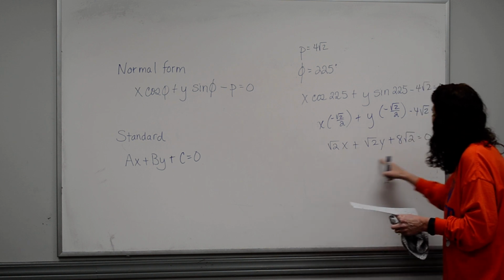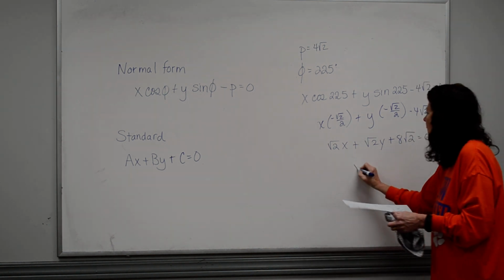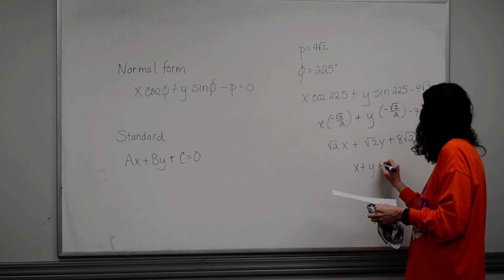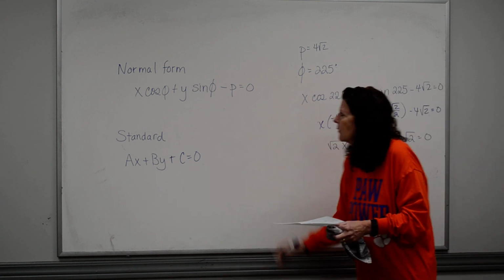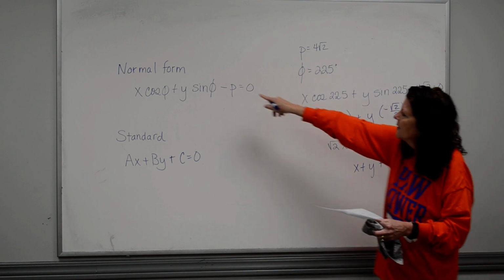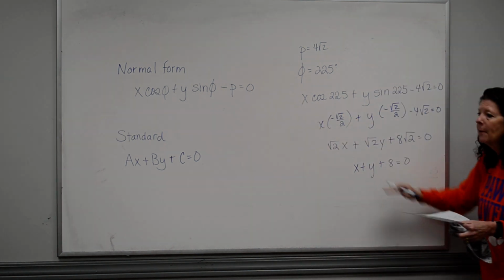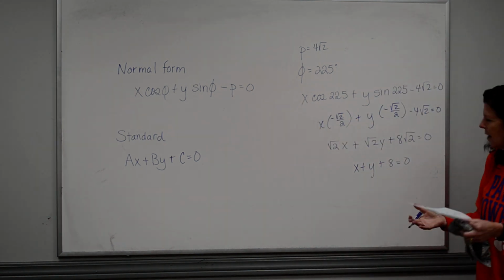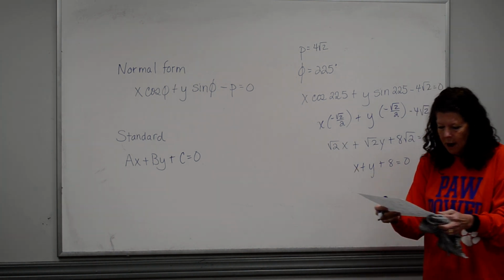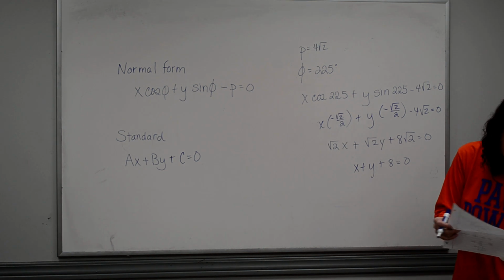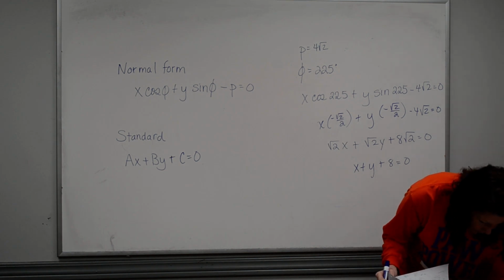Then I'm going to divide everything by the square root of 2, and I'm going to be left with this. And that is standard form from the normal form. Remember how we weren't supposed to have decimals, we weren't supposed to have square roots, and we weren't supposed to have a negative in front. All right, that is number 43.